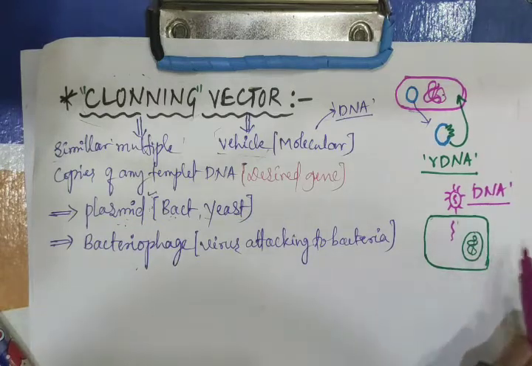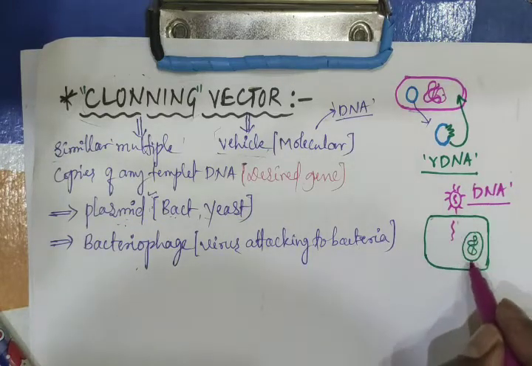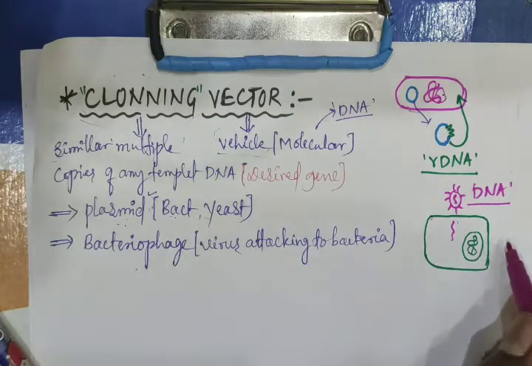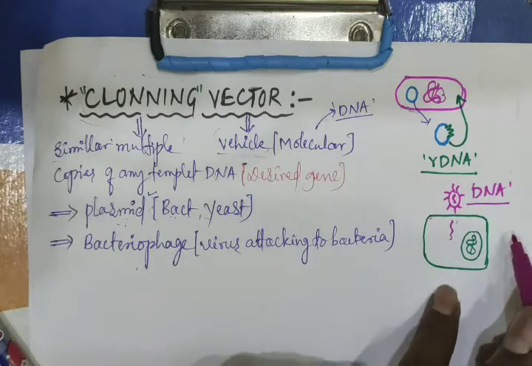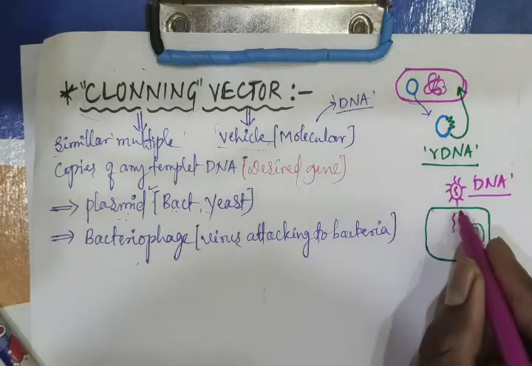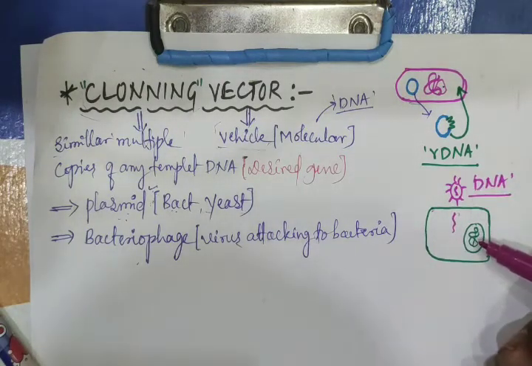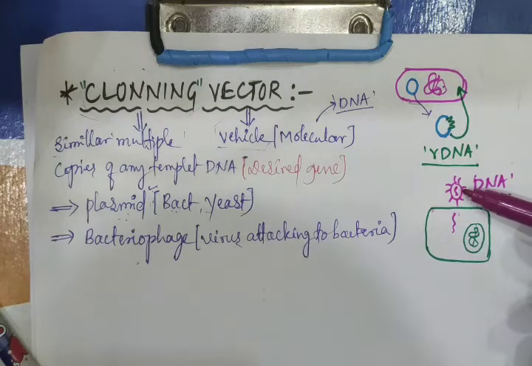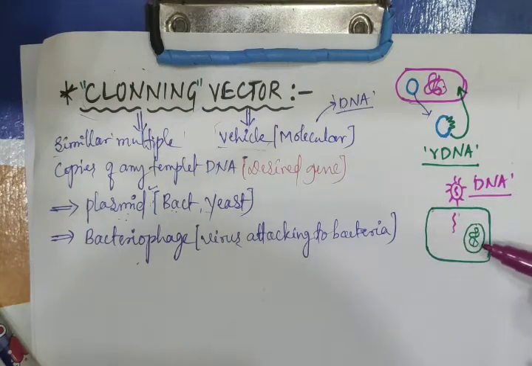Let us consider this is the bacteria. Actually this is not a bacterial diagram. Actually this is a eukaryotic cell. I think you have seen this kind of diagram in the human health and disease chapter, right? In the human health and disease chapter, the HIV virus is attacking macrophage cells. I think you have already heard this one. So now let us imagine this is the virus and this is bacteria.